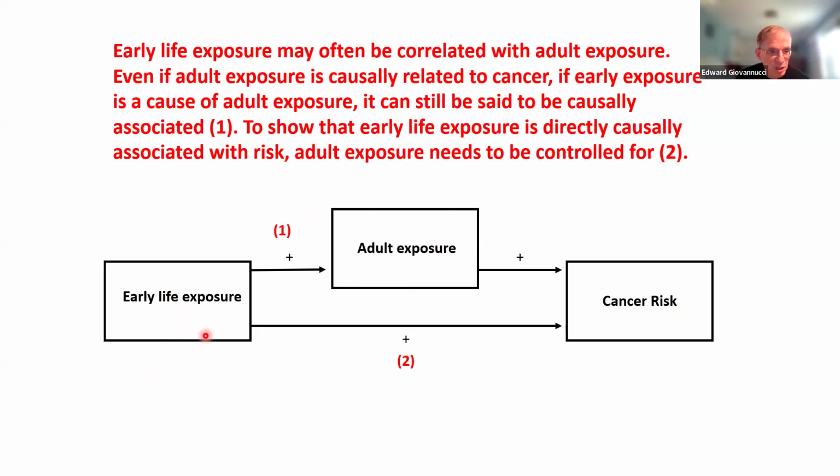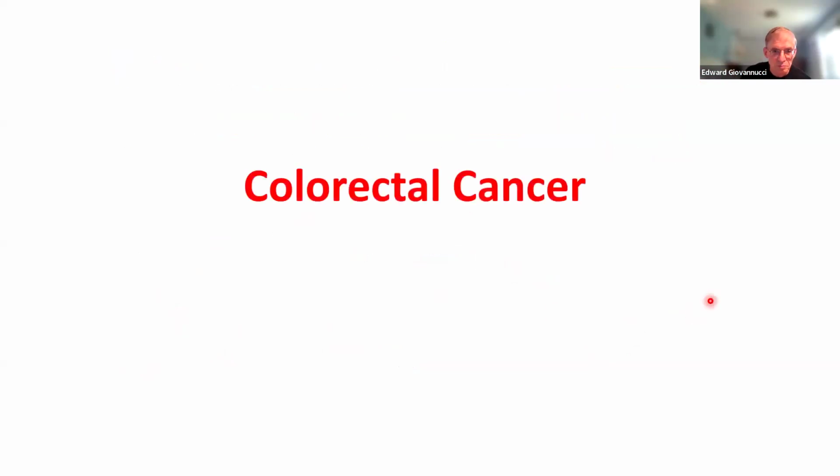But it's also possible that early life exposure is the main risk factor. The first part is important from a public health perspective; in other words, you might want to start good habits as early as possible. But from an etiologic perspective, I'm more interested in whether early life exposure directly causes cancer risk.